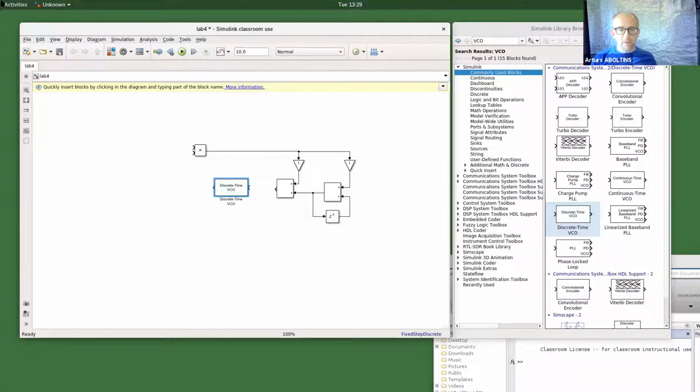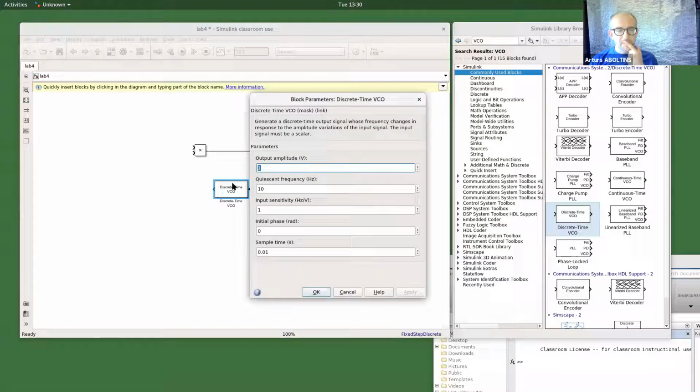Okay, let's go to the funny things. So we connect this VCO. And now this VCO must be inverted. Theoretically, you can put here phase minus pi or something like this, and then it will invert the signal without this additional block.